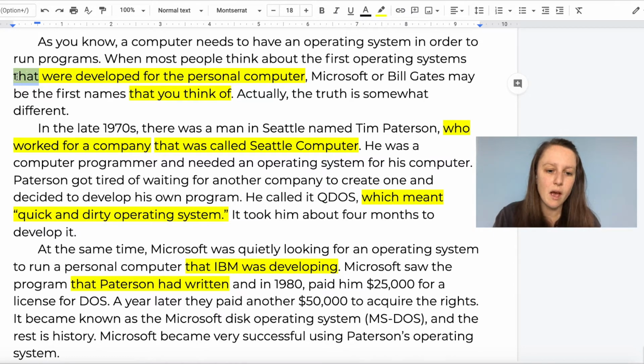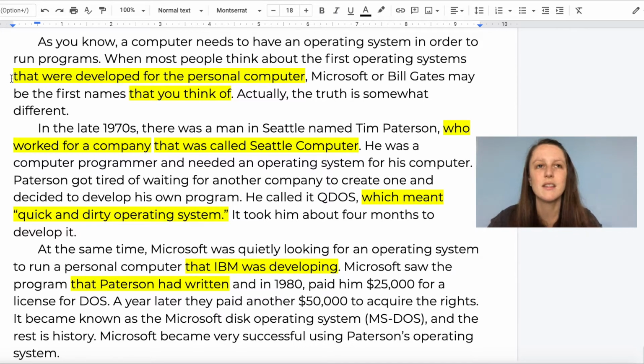So now our goal is to figure out if this relative pronoun that is the subject or object of this clause. Because we know that all clauses have a subject, and it's valuable to know whether this relative pronoun is the subject or object of the clause.